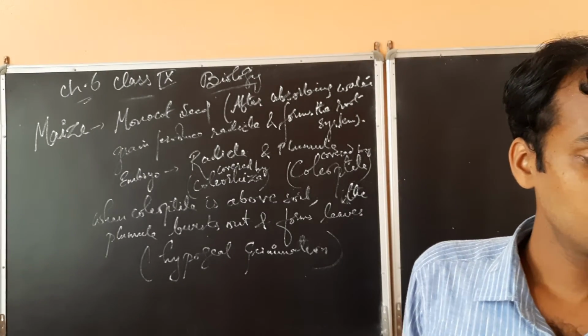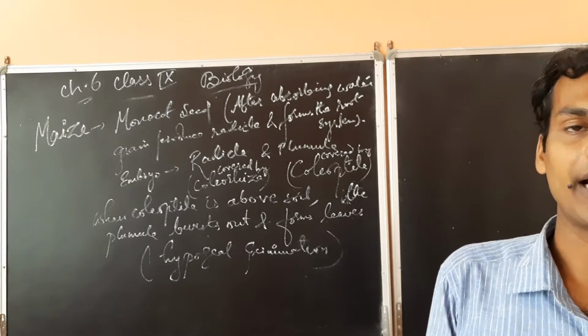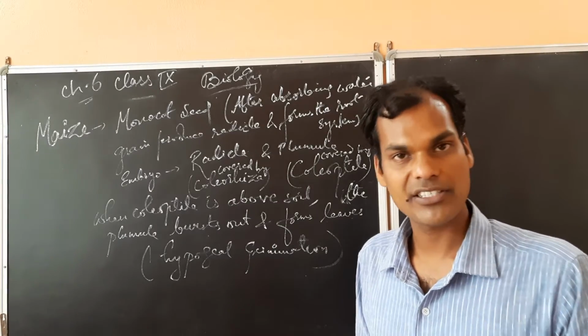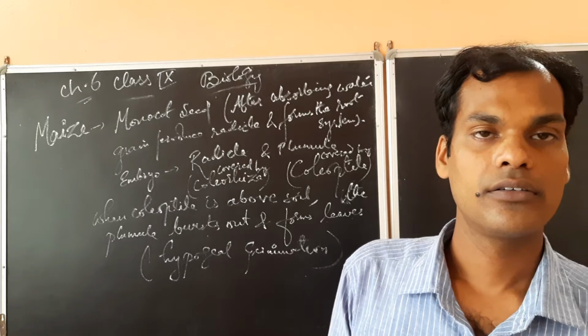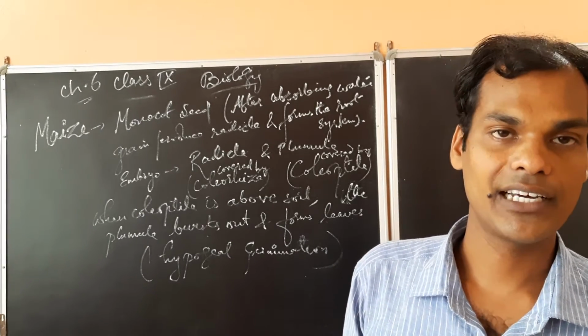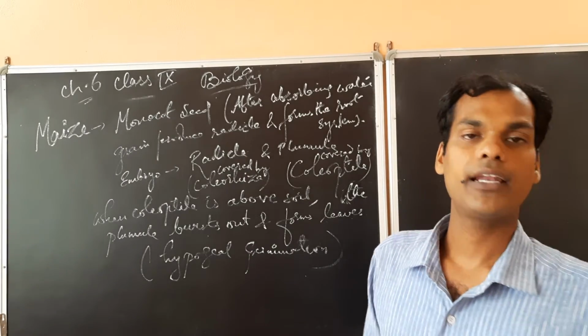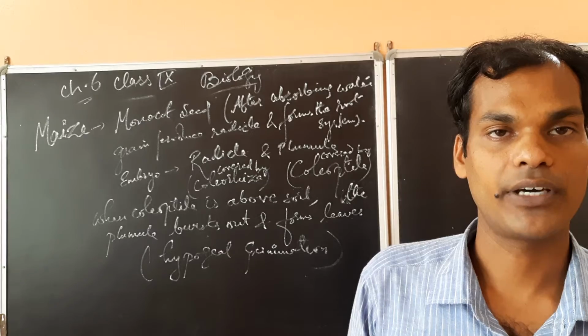In the case of germination, the hypocotyl remains inside the soil, and you will not be able to see the cotyledons or the radicle and plumule at first. When it bursts open, then after some time you will get to see this type of arrangement.